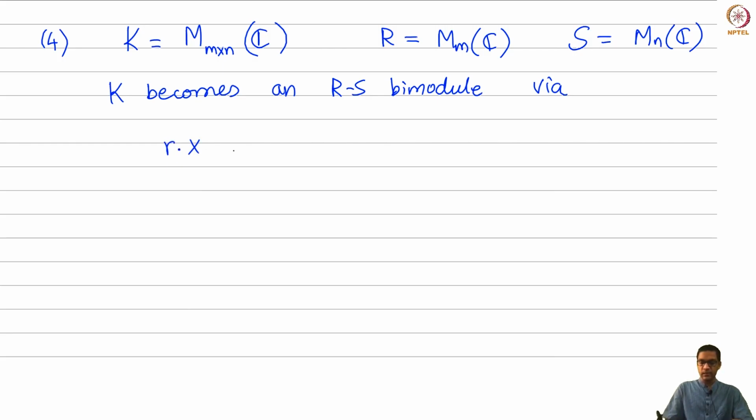How do I define a left action? I just take R times x. This is now the product of matrices.